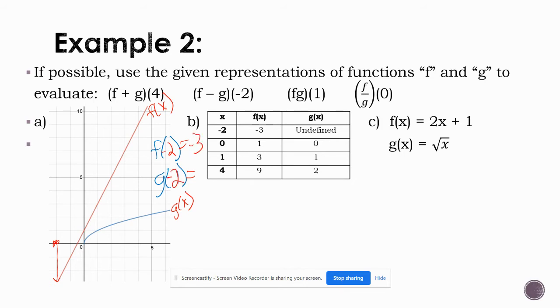But for g of -2, the graph doesn't exist there. So I'm going to put DNE, does not exist. If it does not exist, then f minus g of -2 does not exist. It's undefined. We can't find the answer.